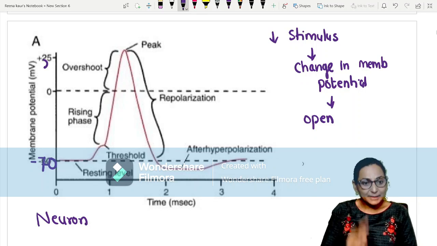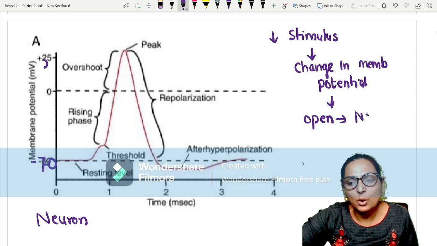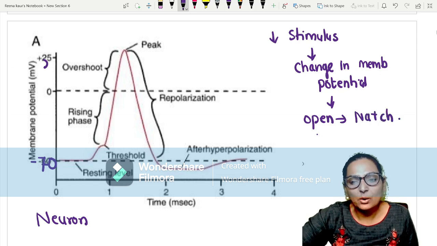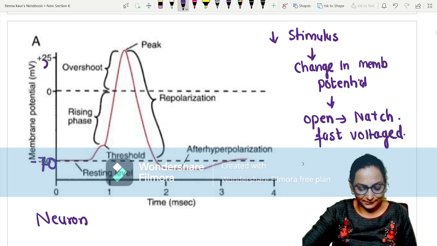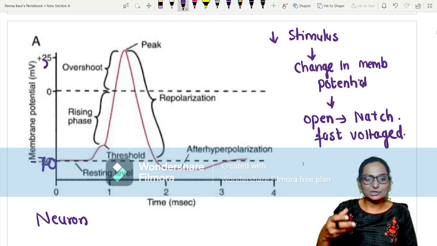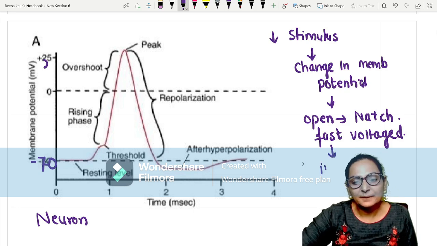But more opened are your sodium channels because they are fast voltage gated channels. And as the sodium channels open, there is influx of sodium.